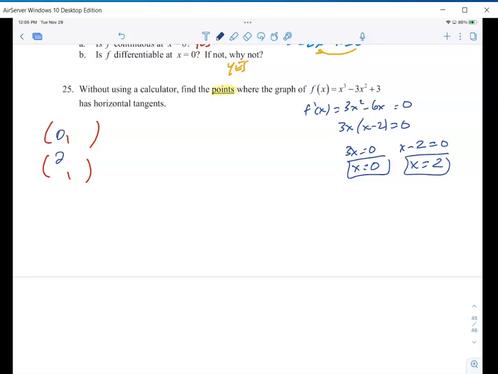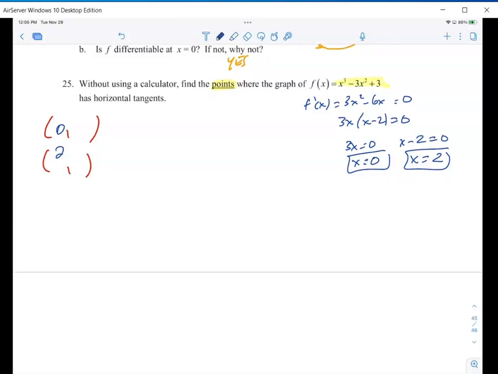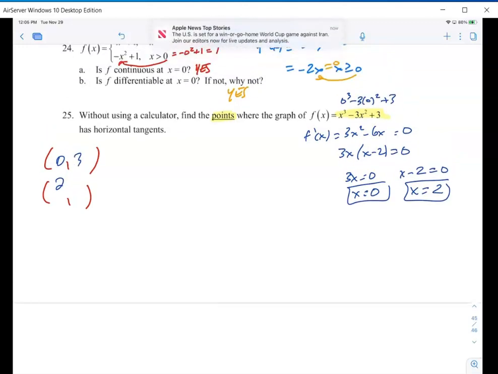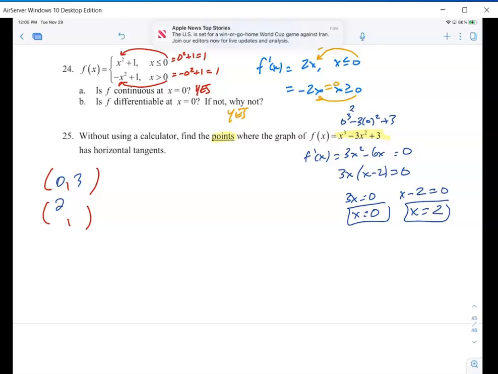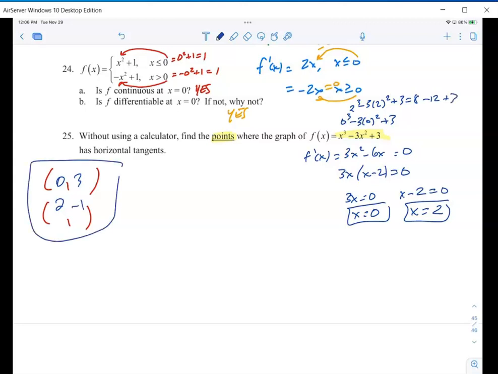The way that I actually find the y coordinates where that happens is I plug those points into the original. 0 to the third minus 3 times 0 squared plus 3 is 3. 2 to the third minus 3 times 2 squared plus 3. That's 8 minus 12 plus 3. That's negative 1. Okay, those are the points.